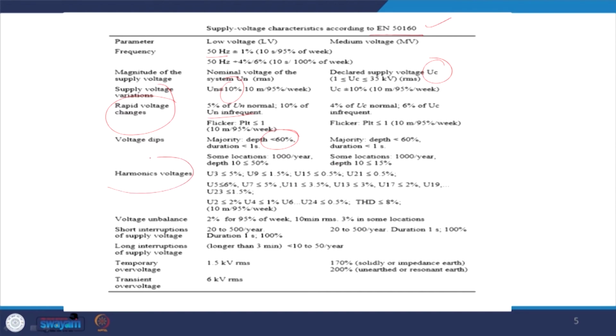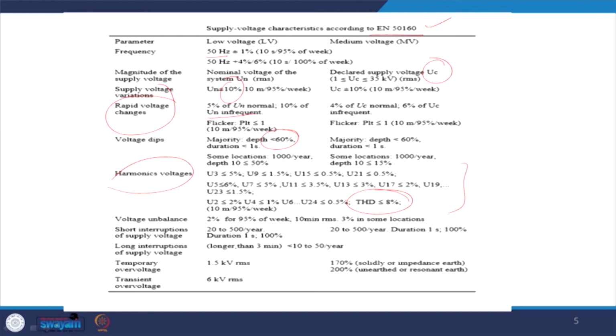Harmonic voltage should be less than 5%, third harmonic and ninth harmonic should be less than 1.5%, 15th harmonic less than 0.5%, 21st harmonic less than 0.5%, and accordingly the total THD should be less than 8%. And voltage harmonic 2% for 90% of the weak grid for 10 minutes and 3% in some locations.